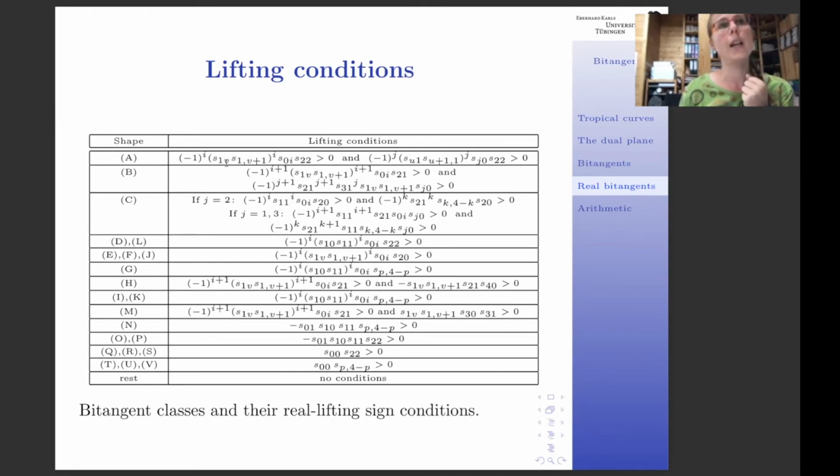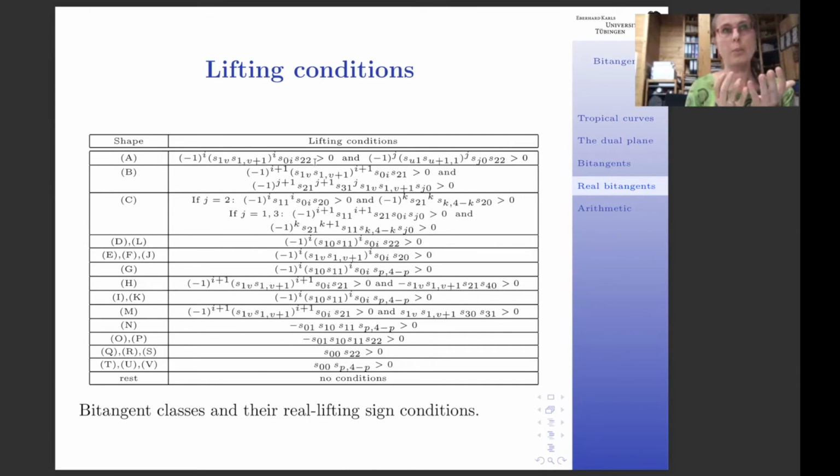So the Sij are the signs of the coefficients of your quartic polynomial, whose tropicalization we are looking at. And in the real case, of course, the coefficients of my polynomial are real numbers, and they have a sign. And so the coefficient in front of the monomial x to the i, y to the j, has the sign Sij.